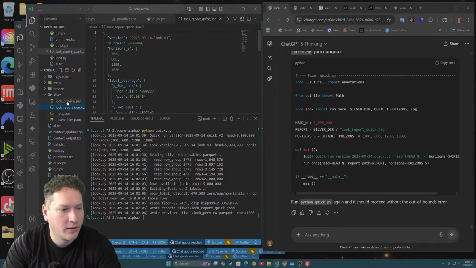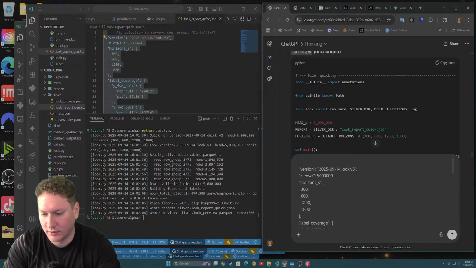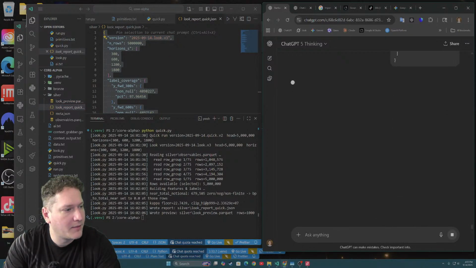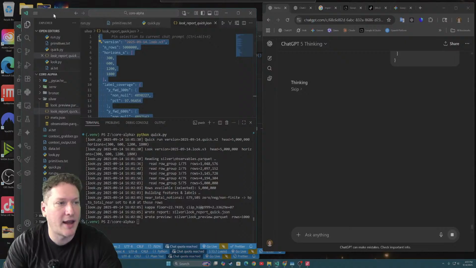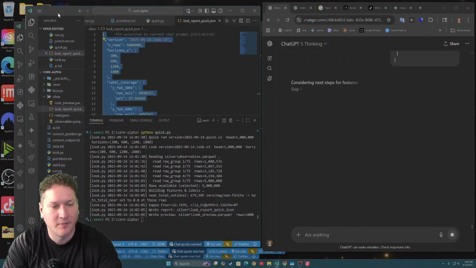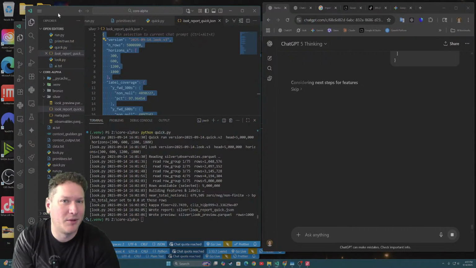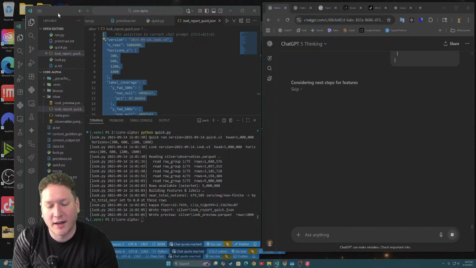Okay. So we have the look preview parquet. Cool. Some of the platforms squeeze fees plus slippage. Yeah, exactly, Mr. Sinister. That's one of the biggest challenges to overcome. Slippage is minimal when you're trading with small amounts of money, especially on these highly liquid exchanges.